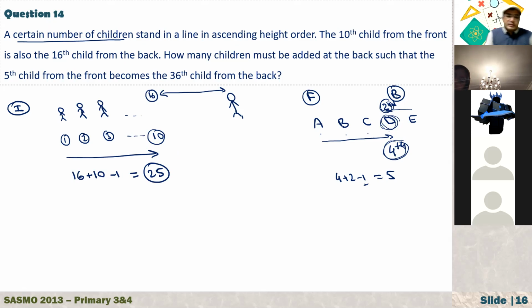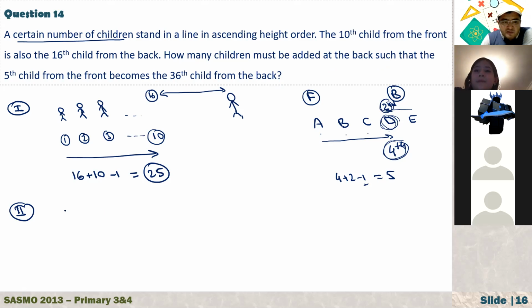Okay. So now I will continue with the second part of the question. It says: how many children must be added at the back such that the fifth child from the front becomes the 36th child from the back?